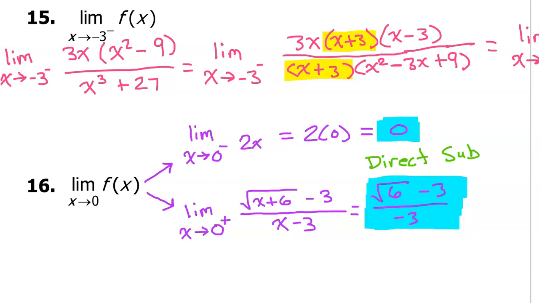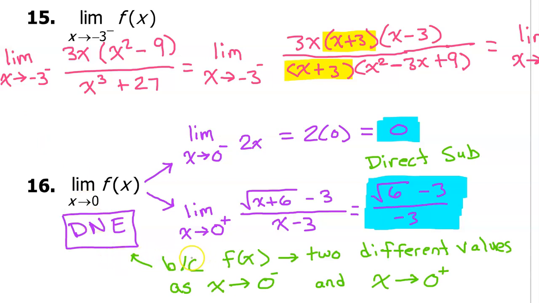I don't need to simplify these to see that they are not the same. So because we got two different limits as we approach 0 from the left and from the right, the overall limit does not exist. So that is the answer to problem number 16.